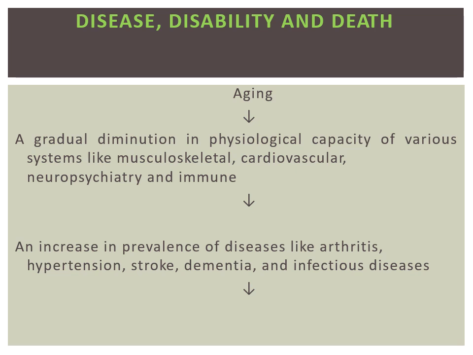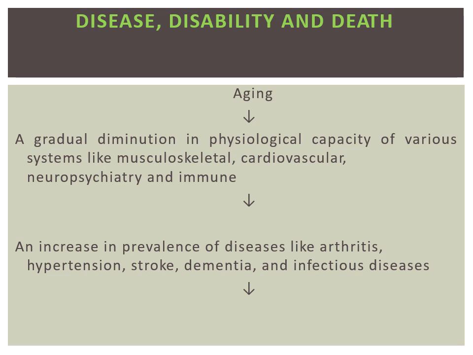It will be due to a gradual diminution in physiological capacity of various systems, which includes musculoskeletal, cardiovascular, neurological, psychiatric and immune systems. So there will be a gradual decrease in all the systems of the body. That causes an increase in the prevalence of diseases like arthritis, hypertension, stroke, dementia and infective diseases.